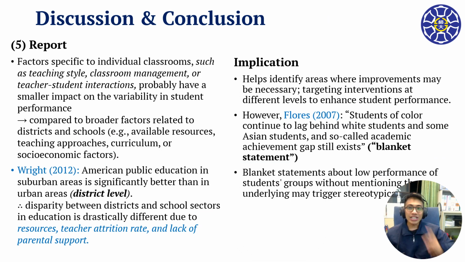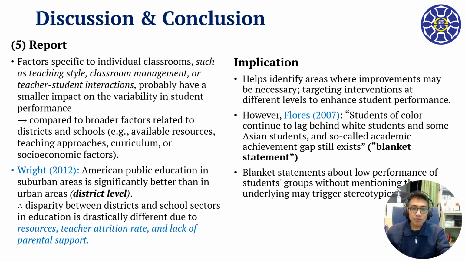So in the discussion and conclusion, we try to report these ideas. The factors specific to an individual classroom, such as teaching style, classroom management, or teacher-student interaction, probably have a smaller impact on the variability in student performance compared to broader factors related to district and school. For example, available resources, teaching approach, curriculum, or socioeconomic factors.